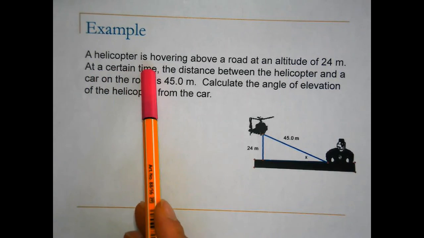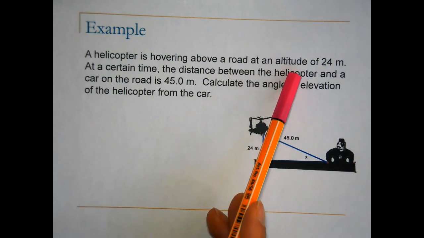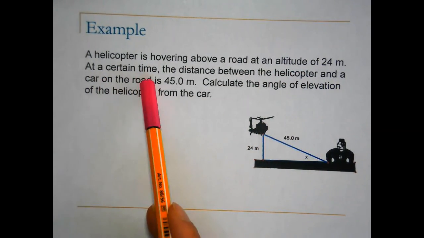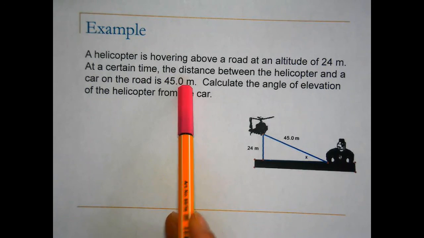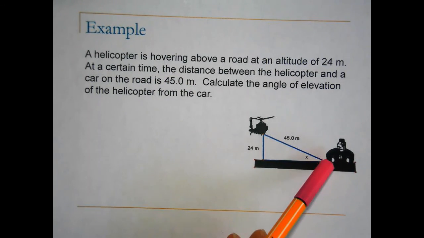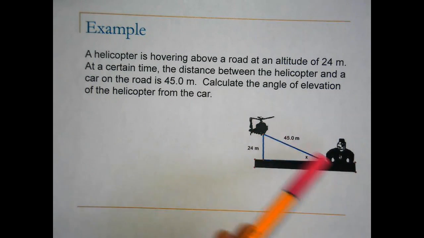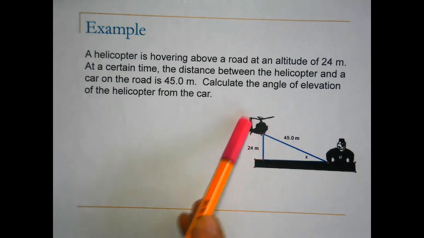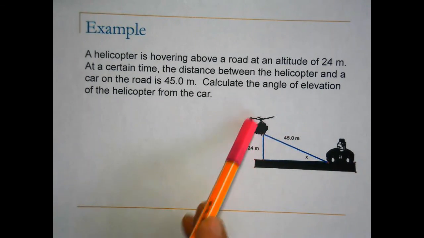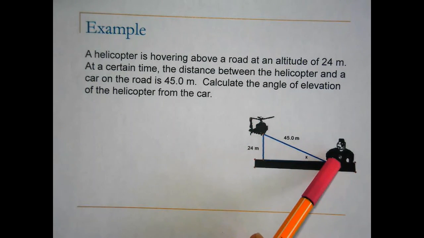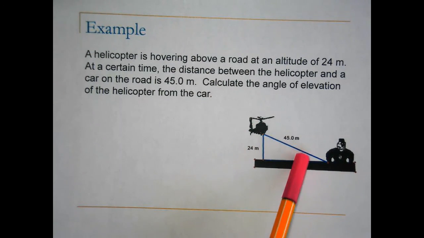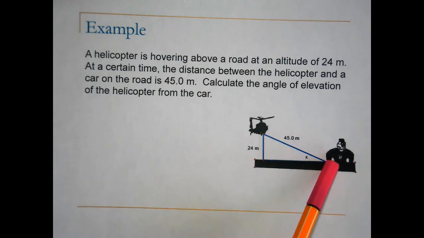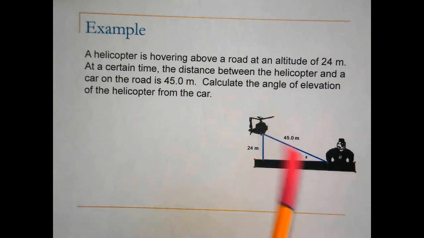At a certain time, the distance between the helicopter and a car on the road is 45 meters. So at some point, there is a direct distance of 45 meters between the helicopter and the car, and we want to see what the angle of elevation is, meaning if from here you're looking up at the helicopter, what is this angle going to be?